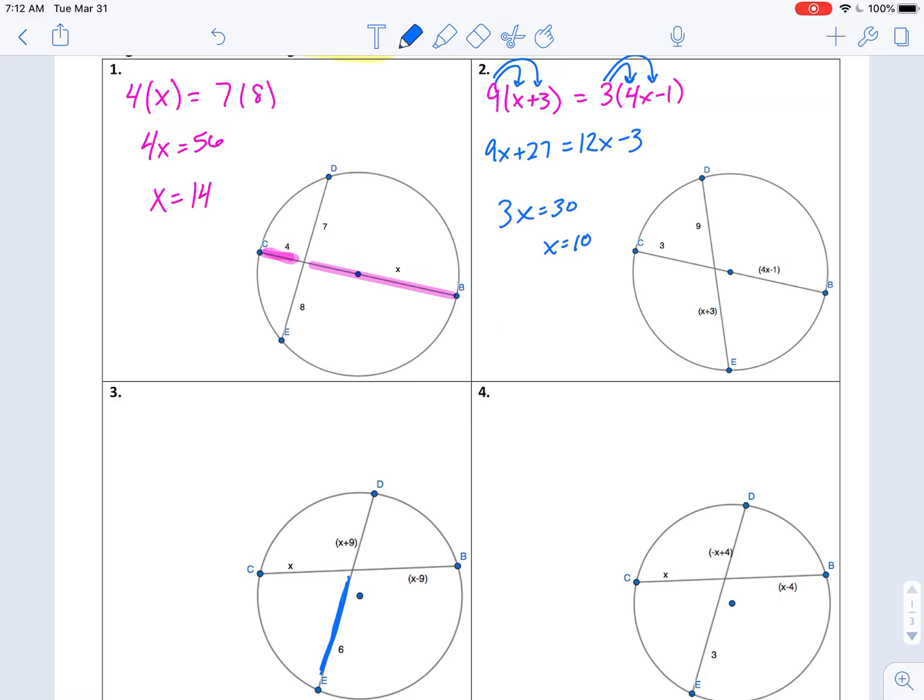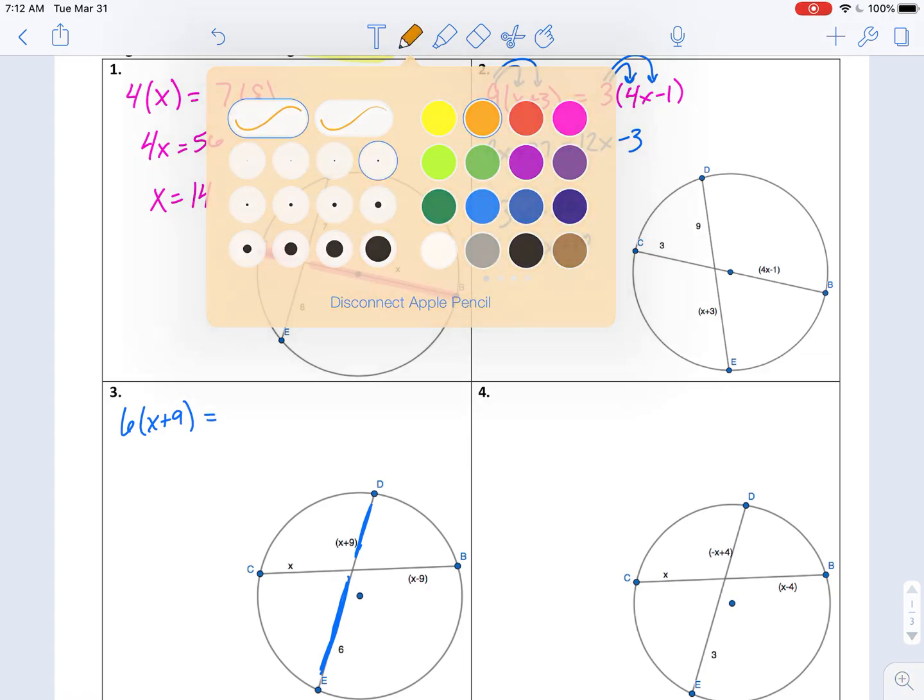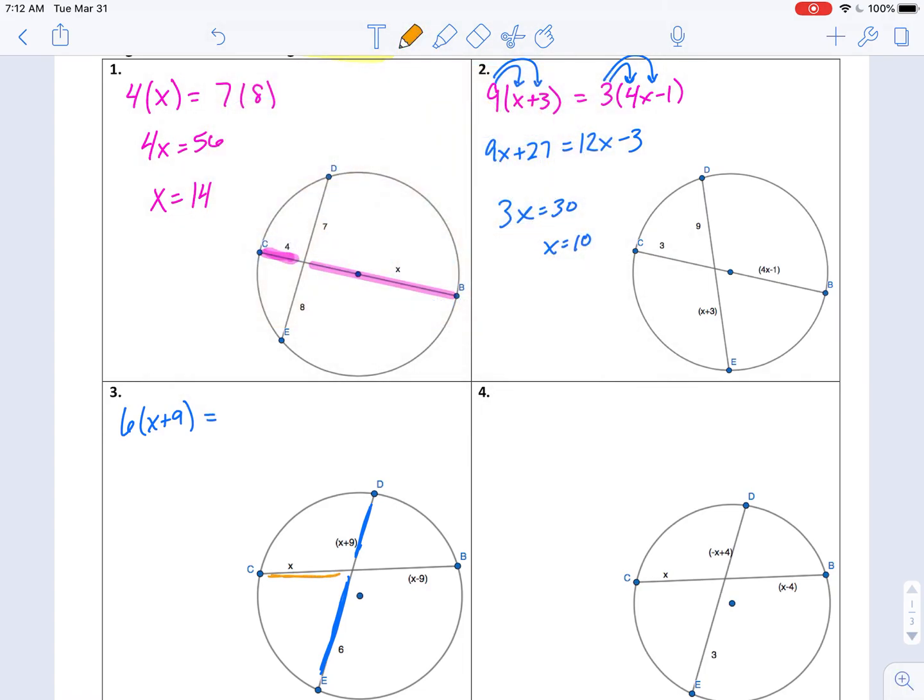Alright, so let's get started here. So this part of the chord is 6, and what's the second part of the same chord, ED or DE? Well, x plus 9 is the other part, so 6 times x plus 9 is equal to x, and what's the other part of this chord? x minus 9. And we'll solve this one here in a second, but I'd like to start with the other side.